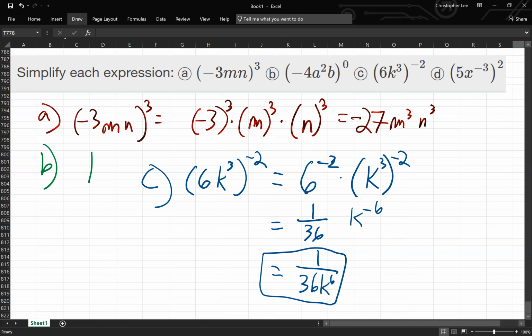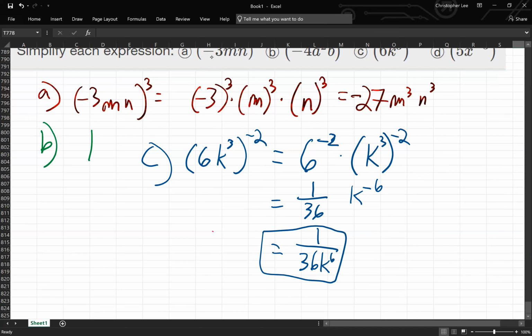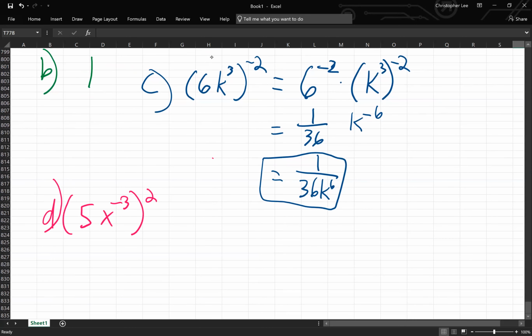D. So 5x to the -3 raised to the second. What's going to happen here? Well, everybody gets the power, right?